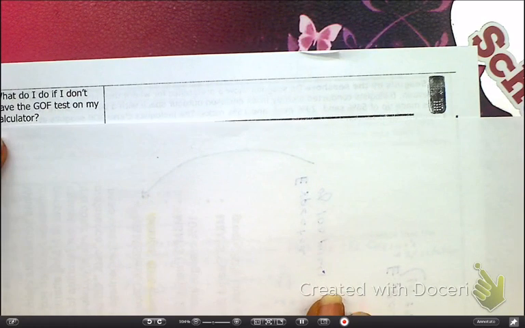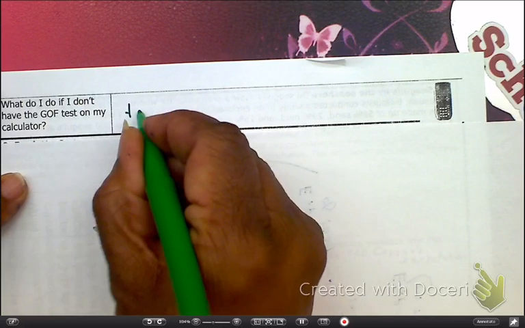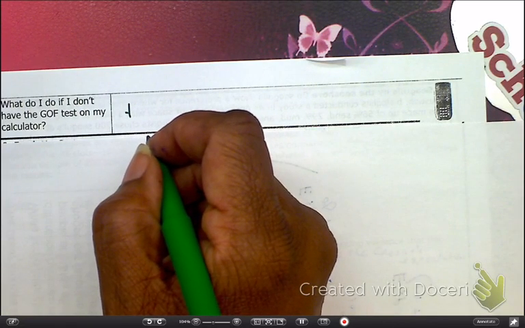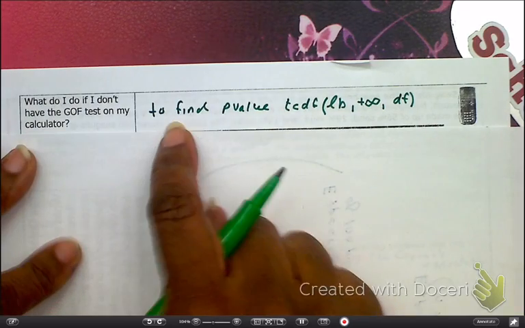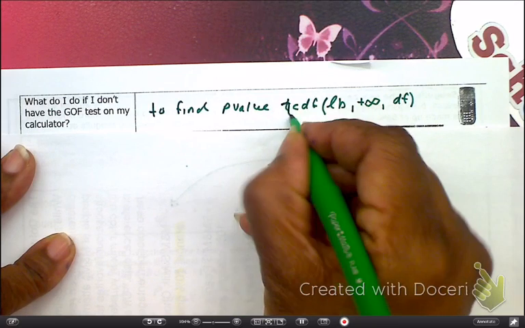So right now I want to do a complete problem. And I kind of answered the question, what if I don't have a GOF test on my calculator? So here I went, okay, so remember to find the p-value, you're going to go, why am I doing T right there?